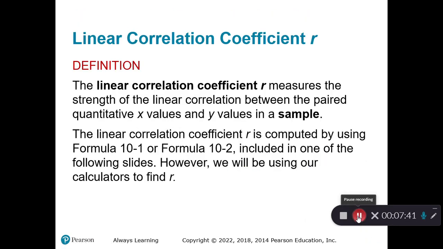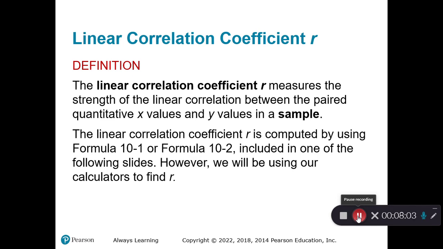Now let's return to this number called lowercase r. This is our linear correlation coefficient, and it is used to measure the strength of linear correlation, the strength of that linear relationship between numerical x values and y values from a sample.